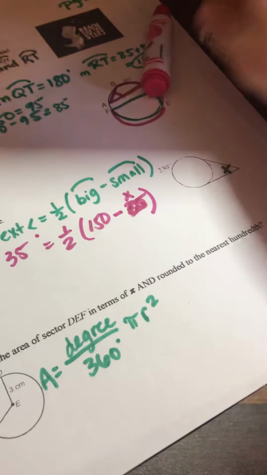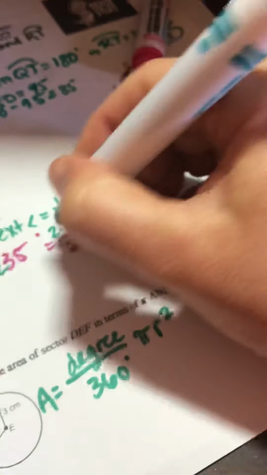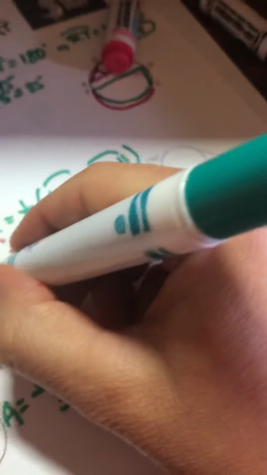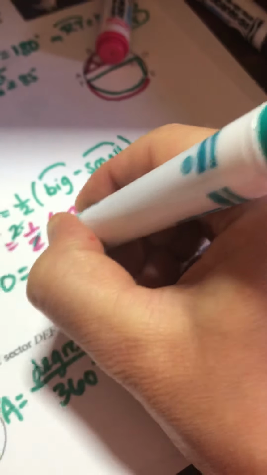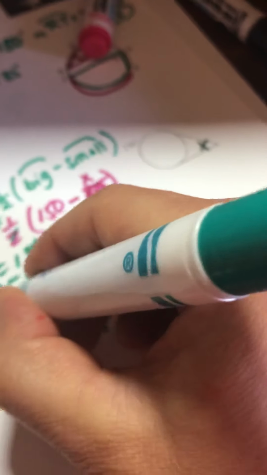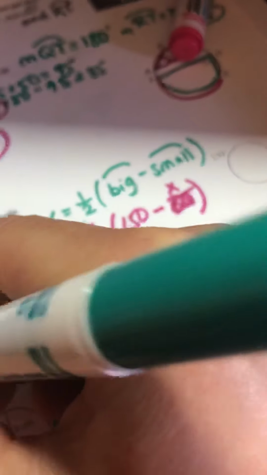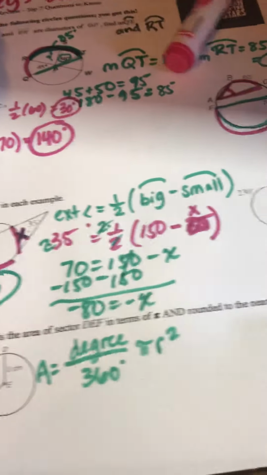In order to solve this, we're going to multiply both sides by 2 first to get rid of that. So 70 equals 150 minus X. I'm going to take away 150 from both sides, and I get negative 80 equals negative X, which is okay because a negative divided by a negative gives us X is 80.